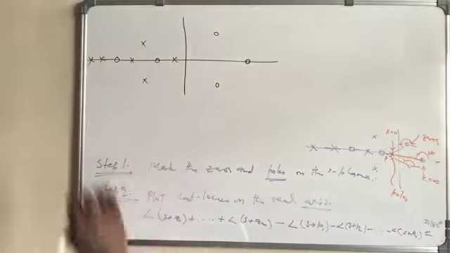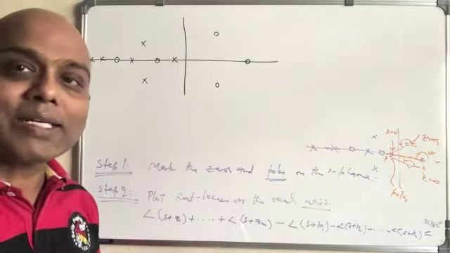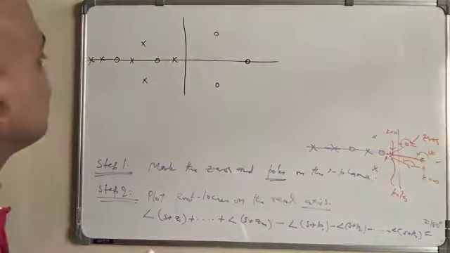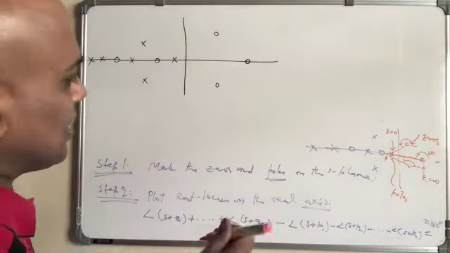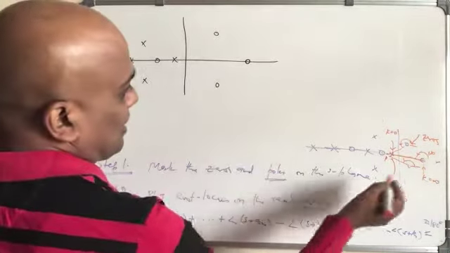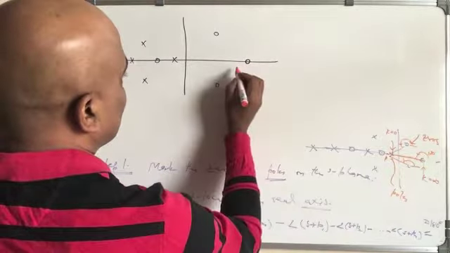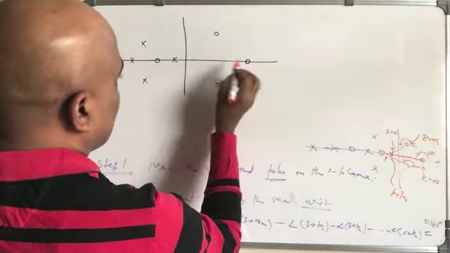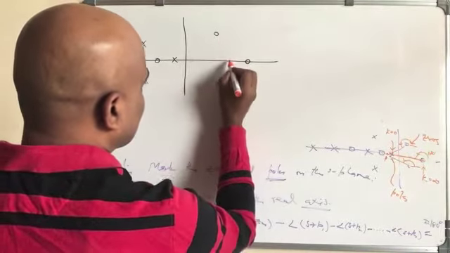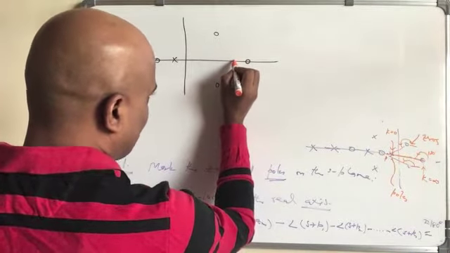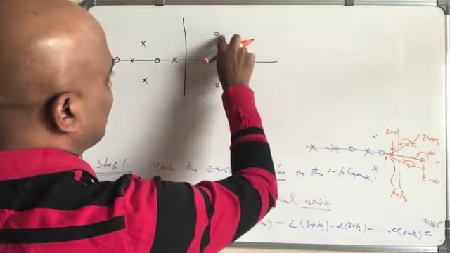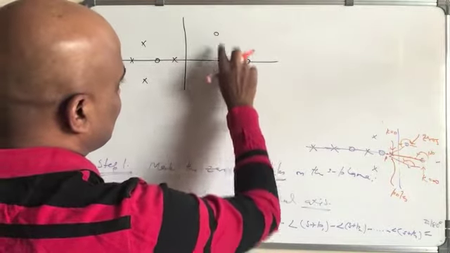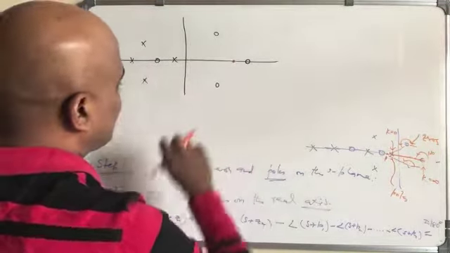Okay, randomly we have like this one. Now the idea is to draw the root locus. So as we studied here, so we know that, let's say this point, so one thing we forgot this one, so we also have to include this one.